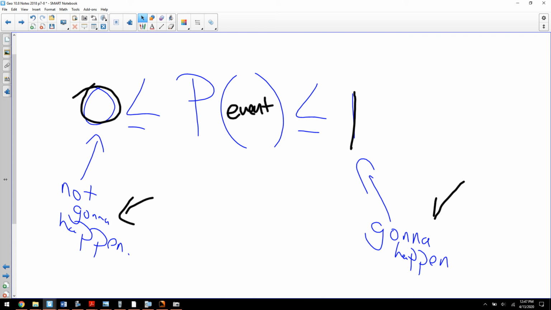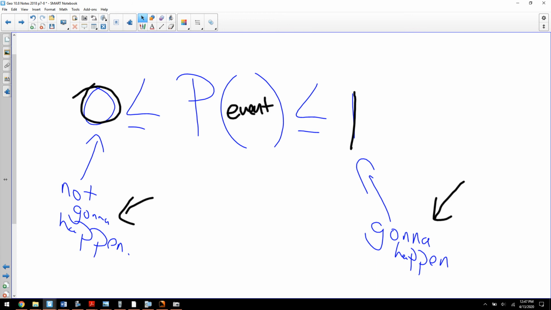And if the probability is 1, it's going to happen. For example, the probability that you have homework is 1, because I'm going to assign you guys a couple of problems of this stuff. So if you ever get a probability that is greater than 1, it means you're wrong. If you get a probability that is less than 0, you are also wrong. So your probability will always be somewhere between 0 and 1.